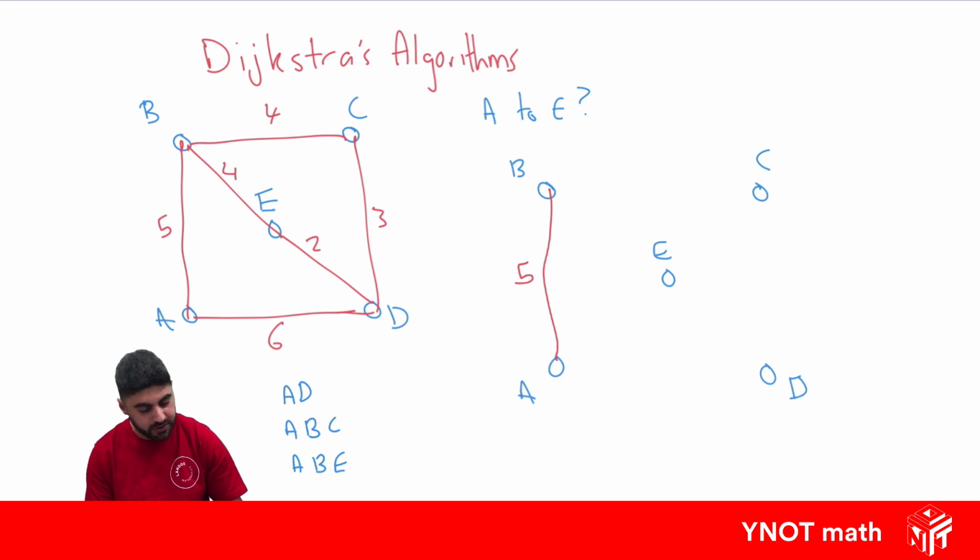So from A to D would give me a weighting of 6. From A to B to C, A to B is 5, then B to C is 4, so 5 plus 4 gives me 9. And A to B to E, A to B is 5 and B to E is 4, so that's also 9.